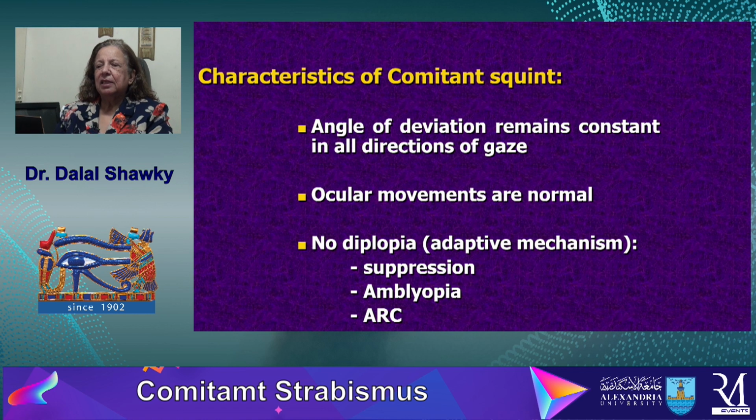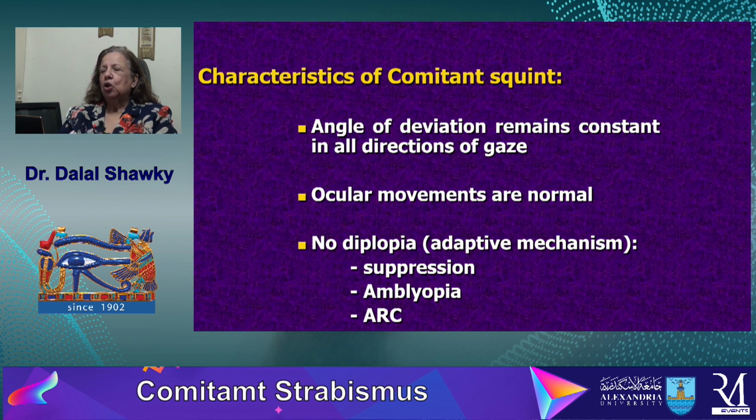The characteristics of comitant squint: the angle of deviation is constant in all directions of gaze, and this is different from paralytic squint, where the angle of deviation is variable in different directions of gaze and maximum when looking in the direction of action of the paralyzed muscle.